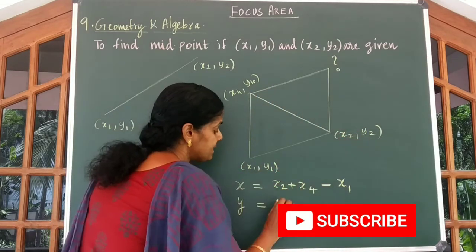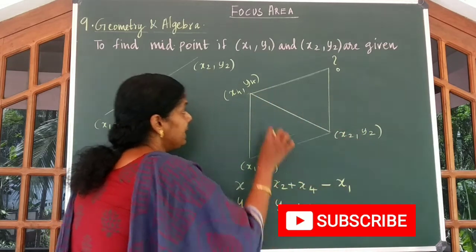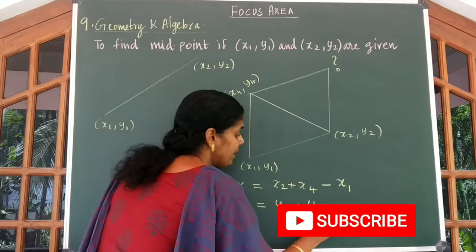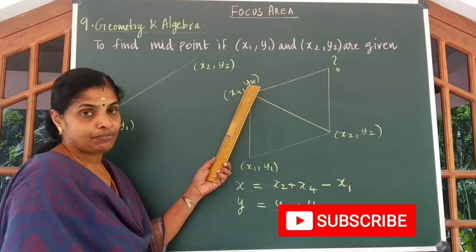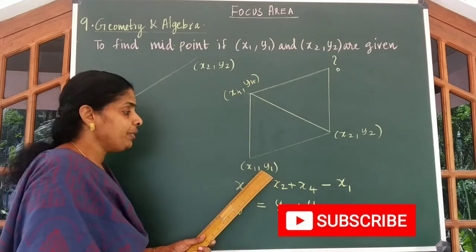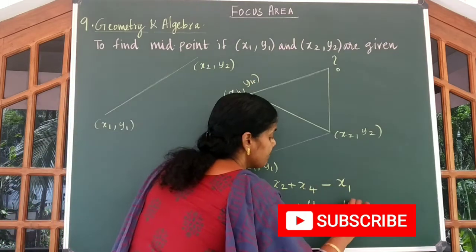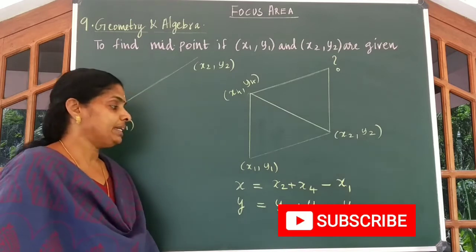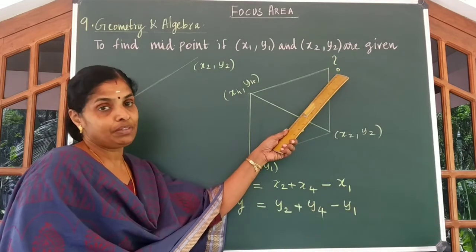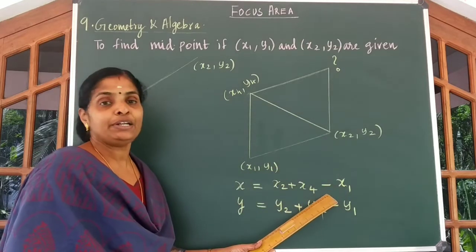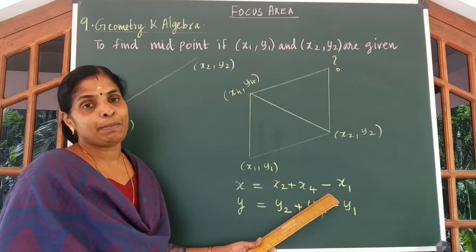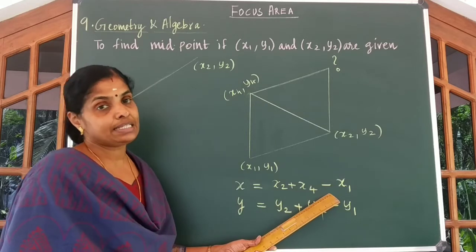I have named them y2 and y4. So you have to add y2 plus y4, from which you are going to subtract y1. This is how you find the fourth vertex of the parallelogram. So I have taught you the method to find the fourth vertex of the parallelogram in a very easy way.